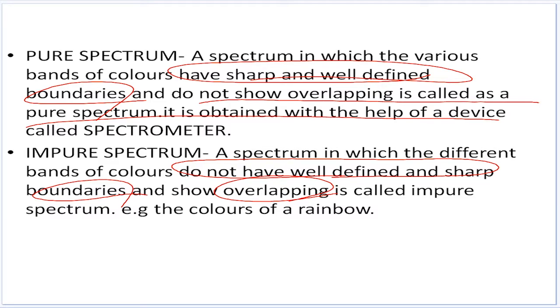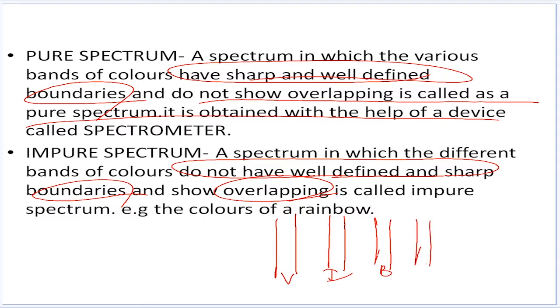So you will find that in a pure spectrum the different bands of colors are obtained as bands. Suppose this is violet, then we find indigo, then blue, then green. Like this we have separate bands of colors which are not mutually overlapping with each other, and hence we call this type of spectrum a pure spectrum.